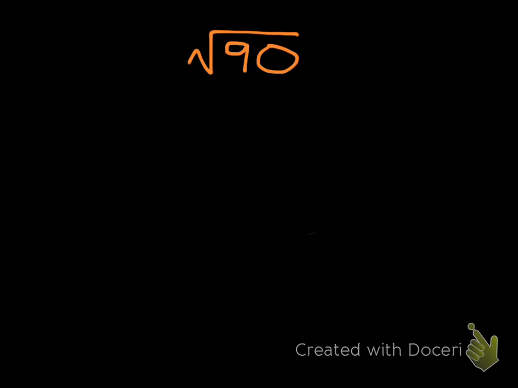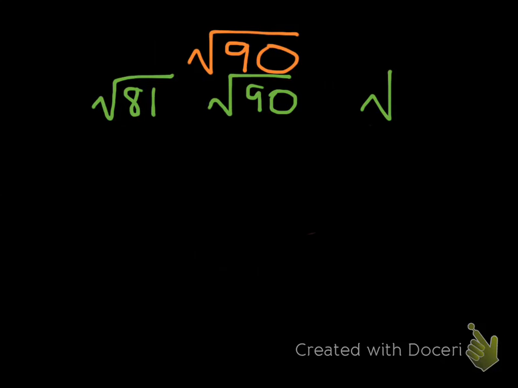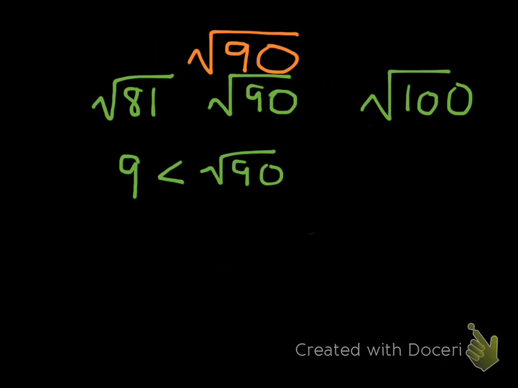So let's find the square root of 90 since it is not a perfect square. So take a moment and think about the nearest perfect square that is less than 90 and another square root that is greater than 90. So this would come out to be square root of 81, square root of 90 in the middle, and square root of 100. The answer would be 9 and 10.